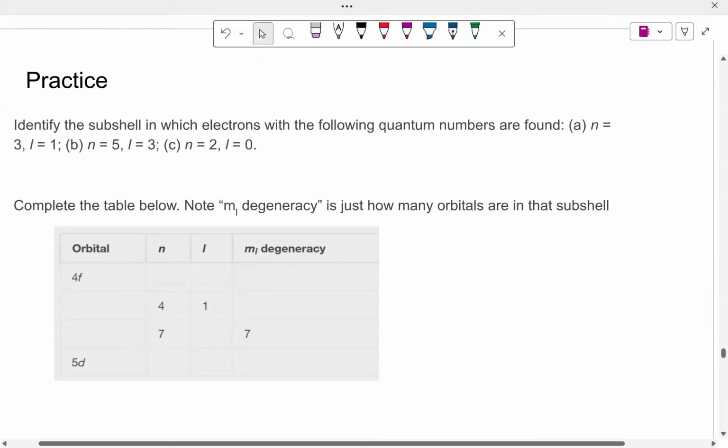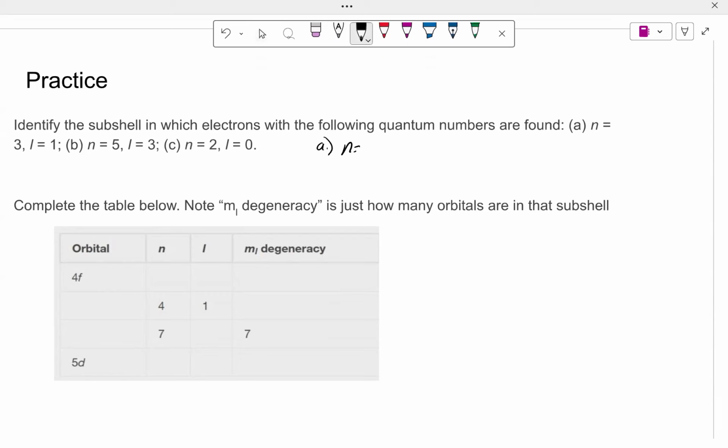Okay, so in this first problem, identify the subshell in which electrons with the following quantum numbers are found. So letter A, n equals 3 and L equals 1.